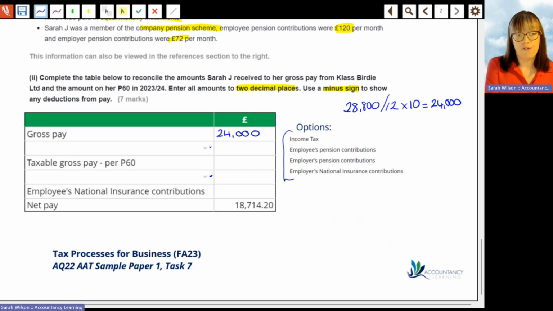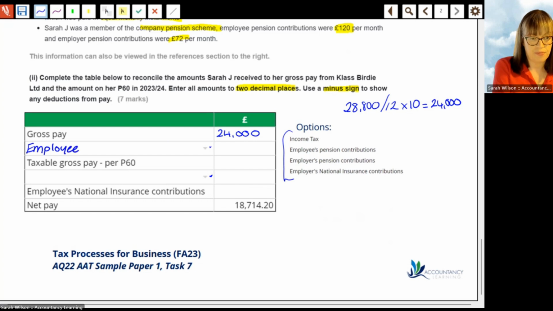Now, what comes off of gross pay to give us our taxable gross pay is going to be our pension contributions. They come off before tax so that it reduces our tax liability. So we're going to have our employee pension contributions.